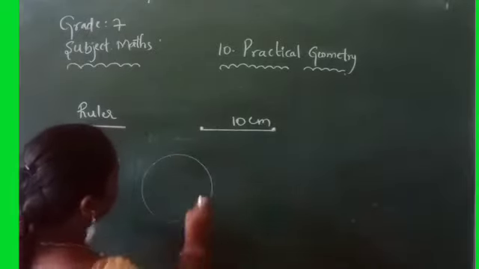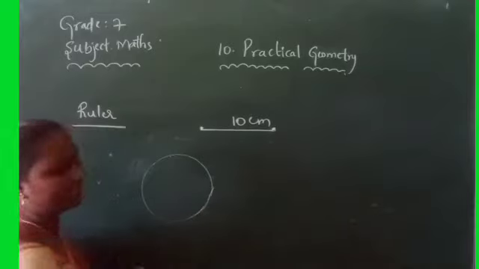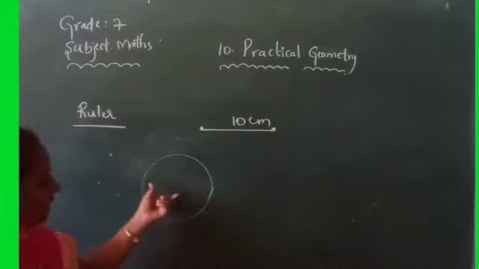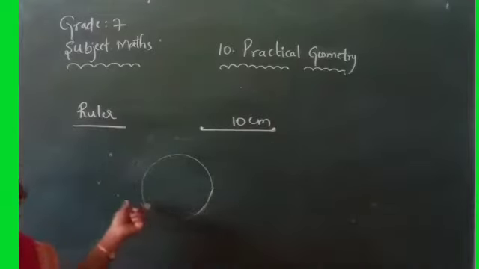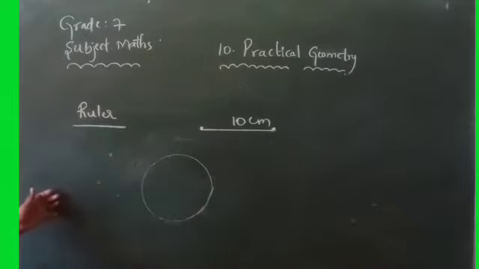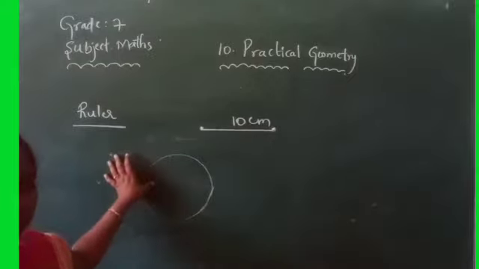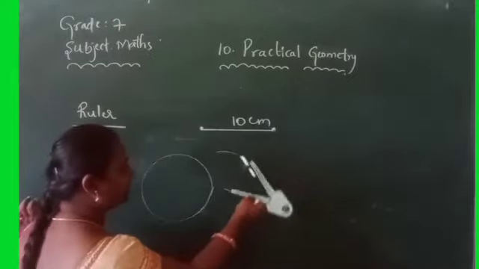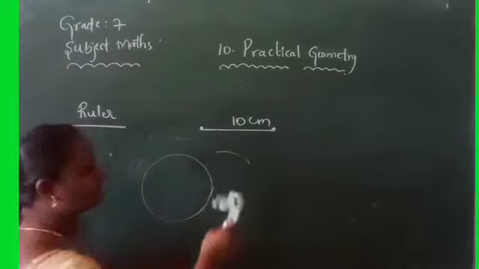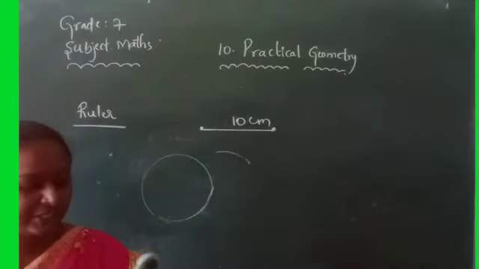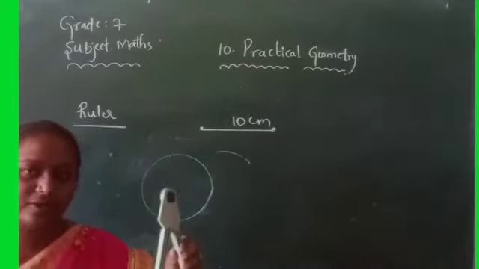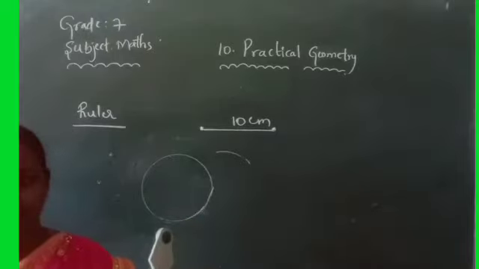No, you will not get the shape of a circle. To draw any type of circle, we use the compasses, and we can draw the arcs also. What is the use of these compasses? We can draw the arcs and circles also.